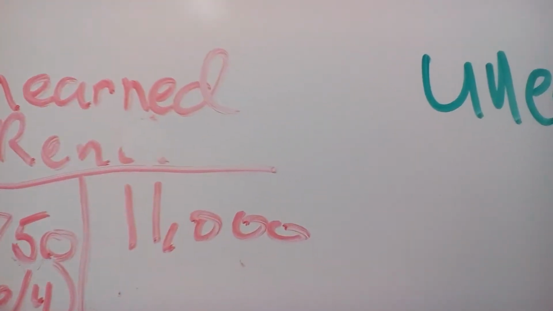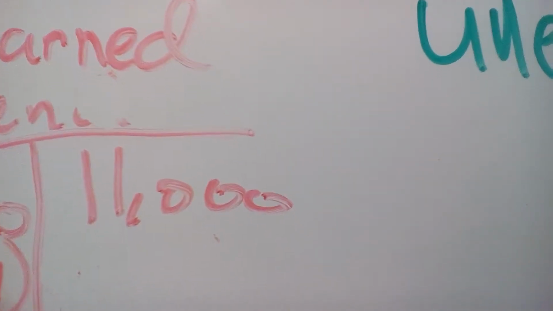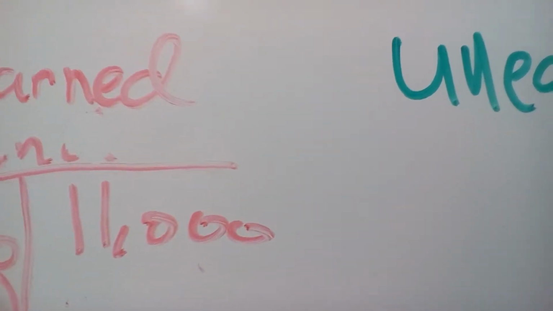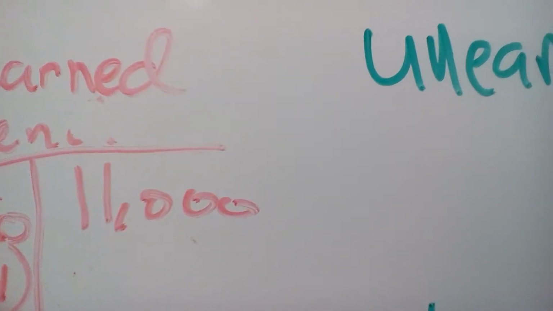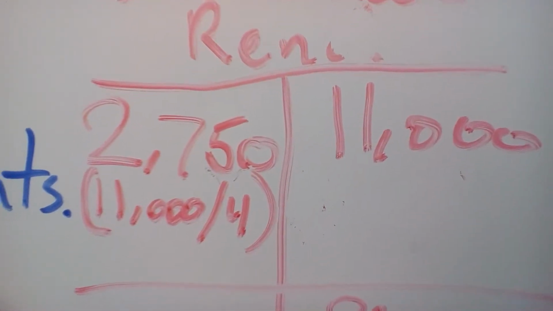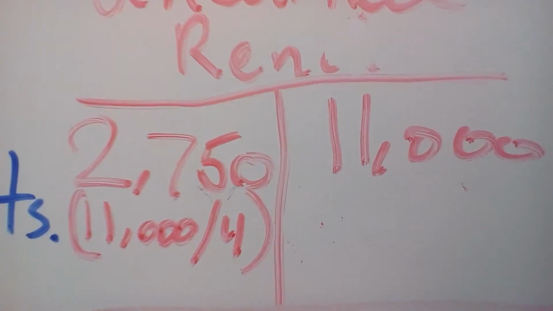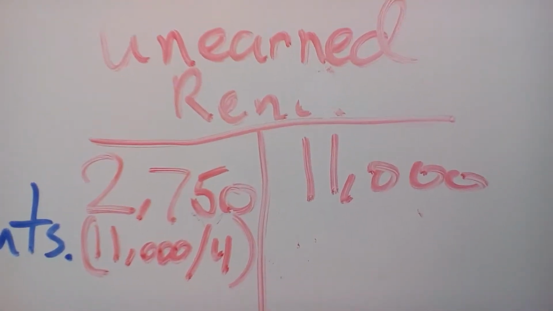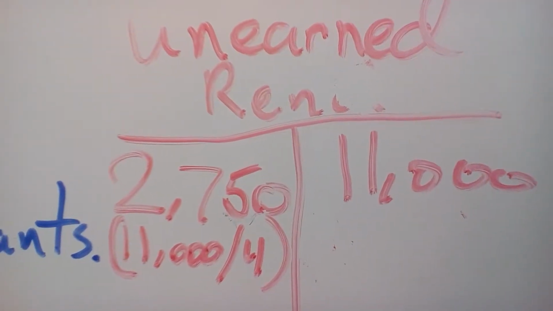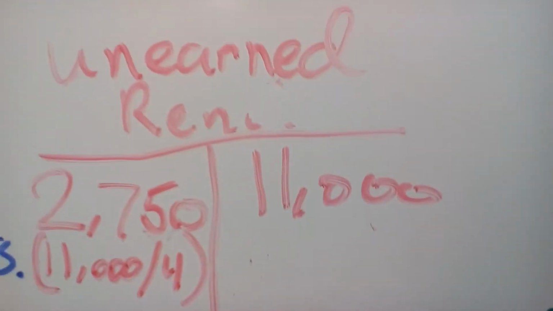Unearned rent is normally a credit because it's a liability. Until we provide whatever we need to provide within the time, it's unearned. But once a month has gone by, we've earned a month's worth of rent. We take 11,000 divided by 4 to find each month's worth that we can claim: $2,750 of the 11,000, which will leave us with 8,250 in the unearned.